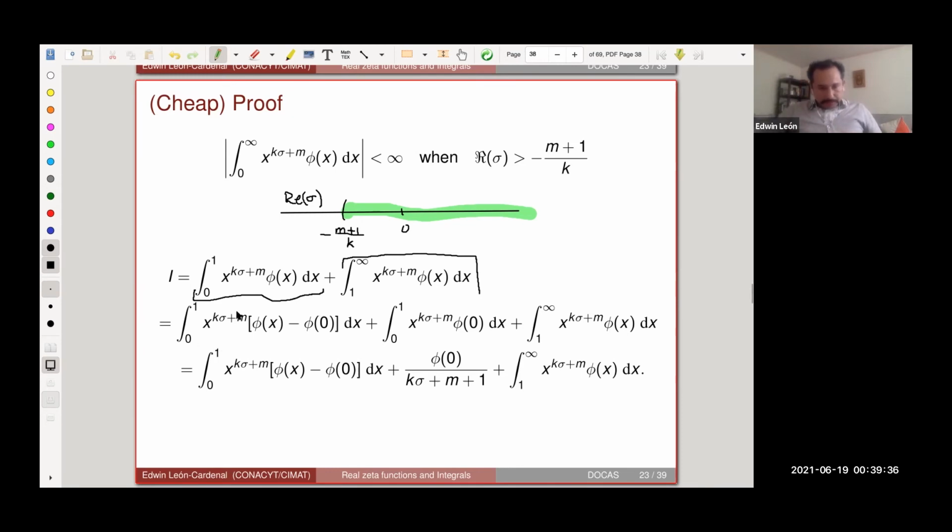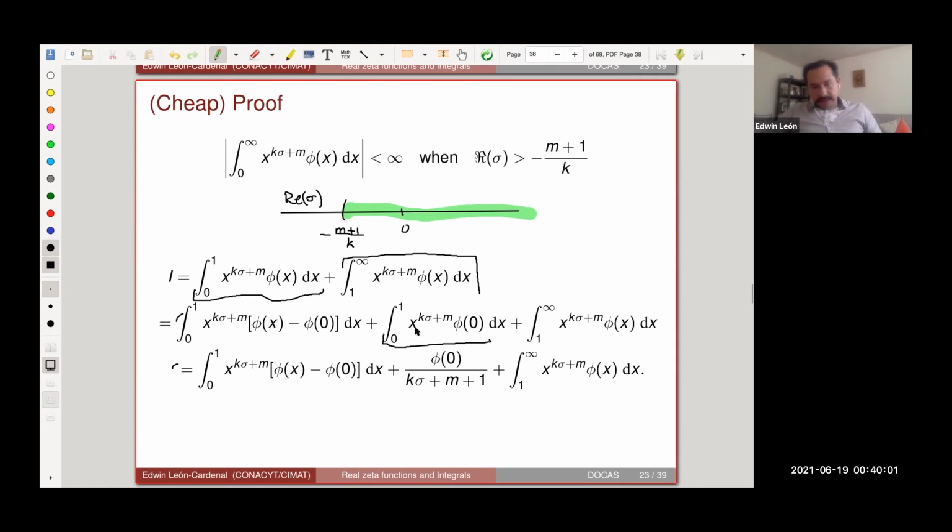So this first integral, this first step is okay. From this step to this one, what happens is that I'm making the integration of this guy. And this is something that we can show is perfectly fine.